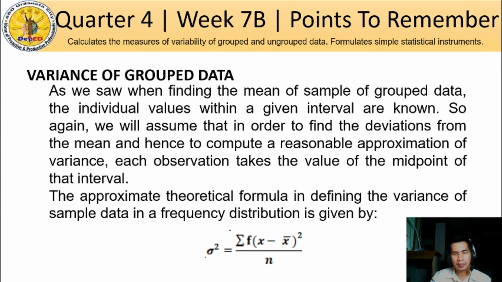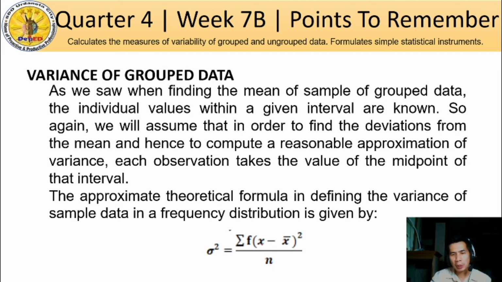Variance, siya yung may square na to. Minsan, ang ginagamit nila dyan is var, squared, parang ganun. So, it is equal to the summation of the frequency times, i-square lang natin yung nakuha nating difference ng midpoint natin minus the mean.